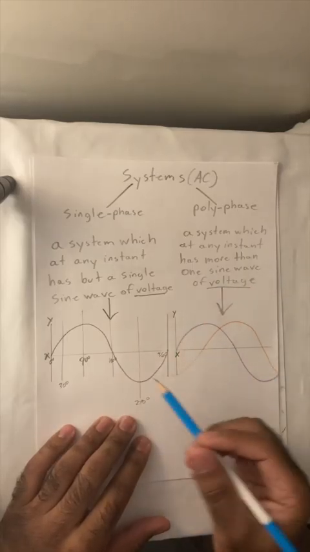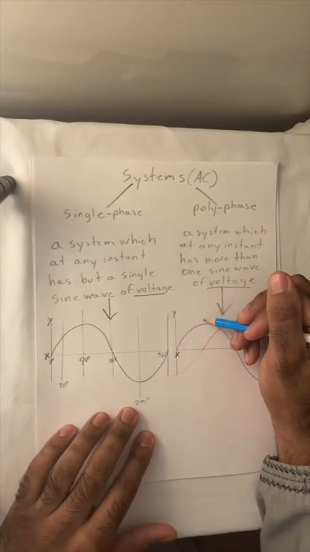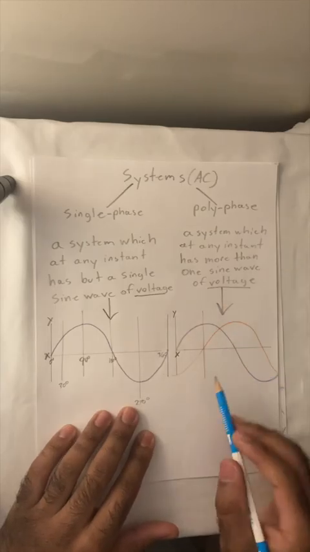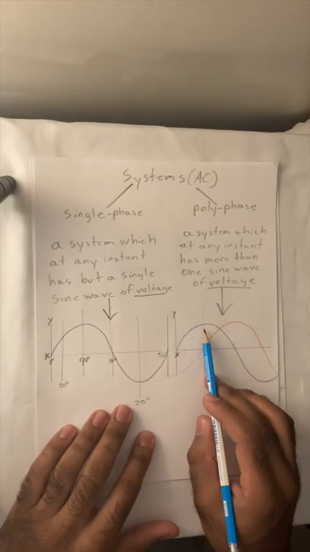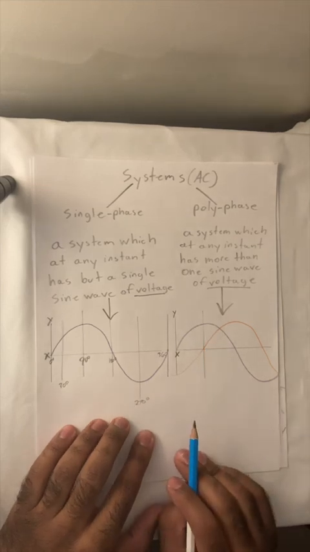So again, if we were to look at an instance of 90 degrees, and we were to construct this line, it intersects two sine waves.